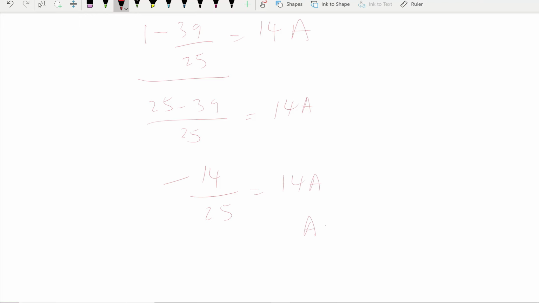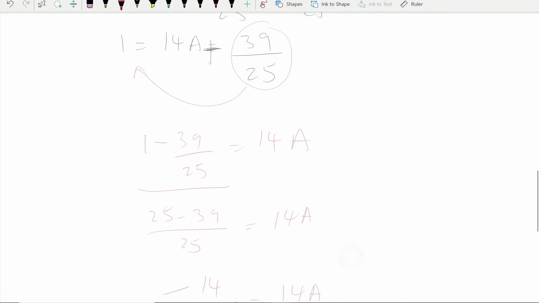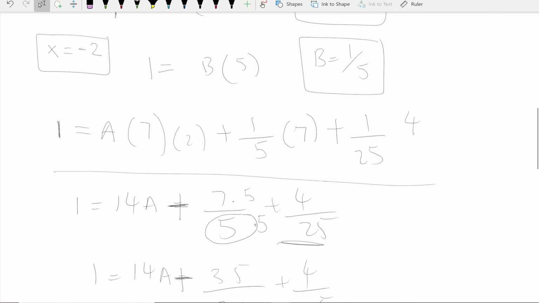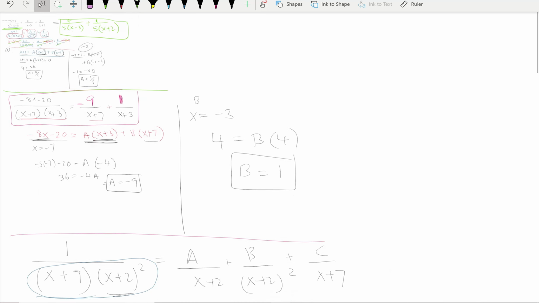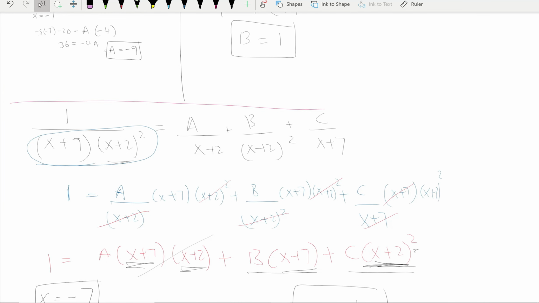So A is negative 1 over 25. Alright, so isn't that easy? So we have all the numbers, all the constants. Okay, so let's finish the decomposition. Here was our problem. A is negative 1 over 25.